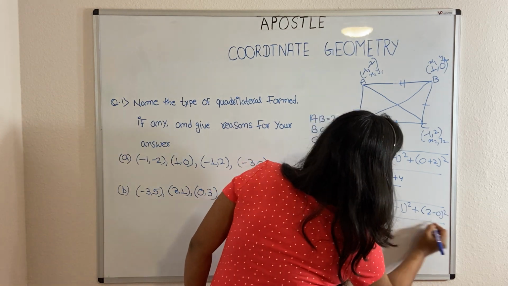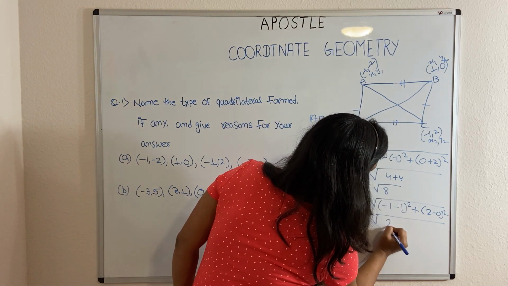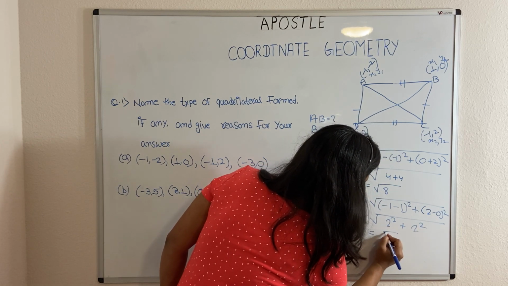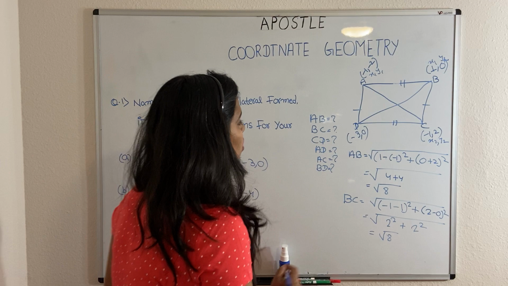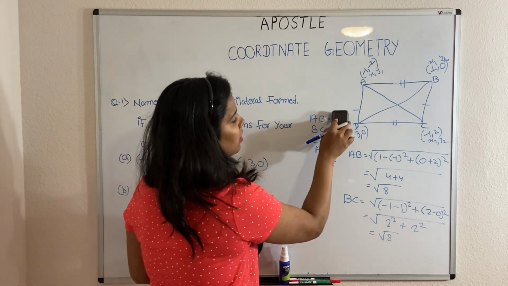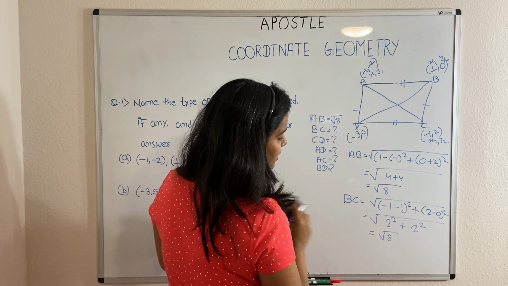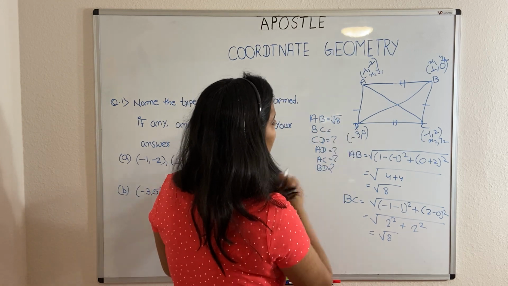So here 2 square is 4, and our answer is coming out to be 8. So our value of AB is root 8. Value of BC is again under root 8.